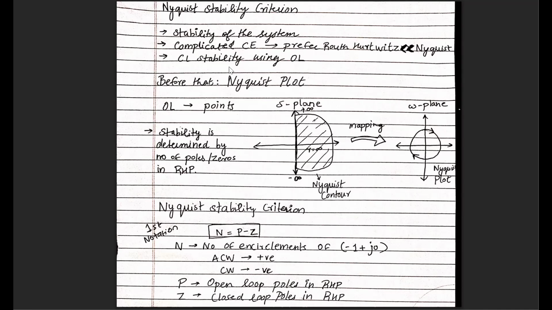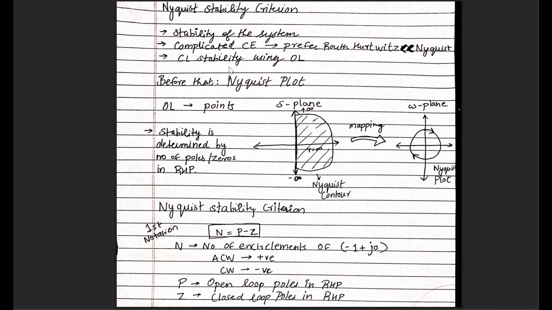That is why we create an extensive Nyquist contour, basically another graphical representation in the S-plane, where we completely cover the right half of the S-plane, keeping the radius of this Nyquist contour to almost infinity. We map the points that are in the right half of the S-plane. The Nyquist contour is basically plotted onto the omega plane, where the Nyquist plot exists. So this Nyquist plot is something that we need to have to even implement the Nyquist stability criterion.